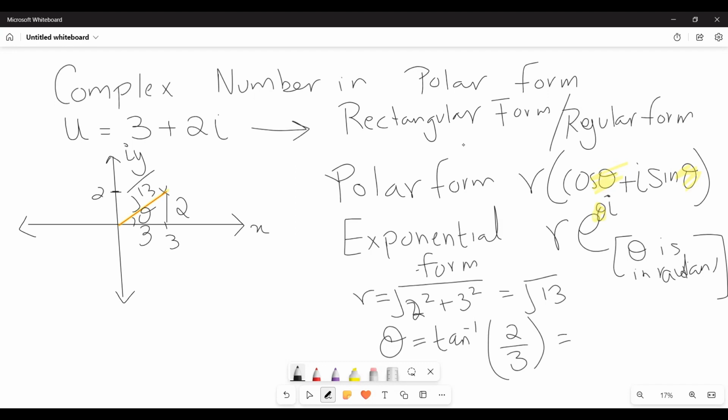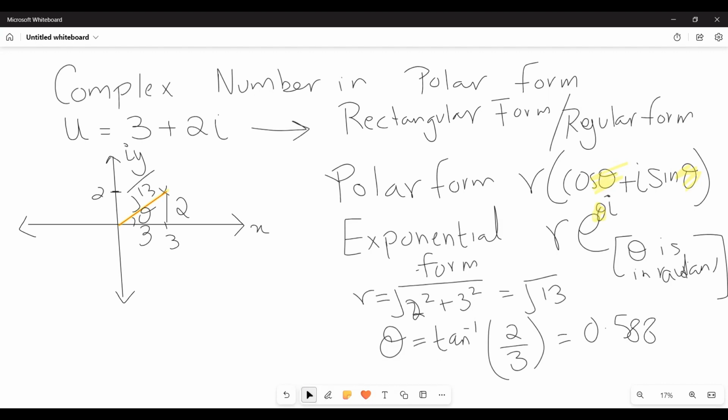Oh, I'm in degrees, radians. Tan inverse 2 over 3. So that is 0.588, in 3 significant figures.